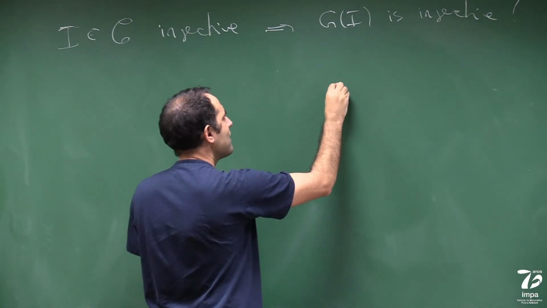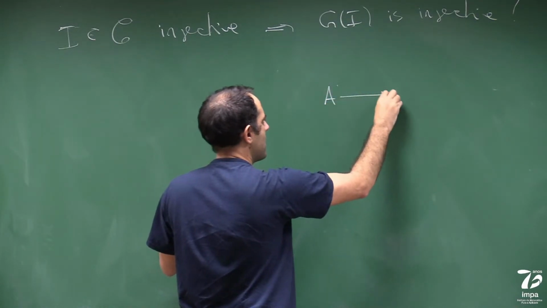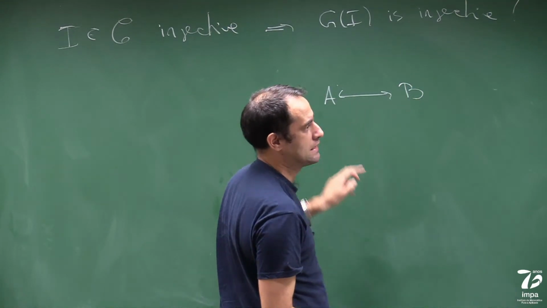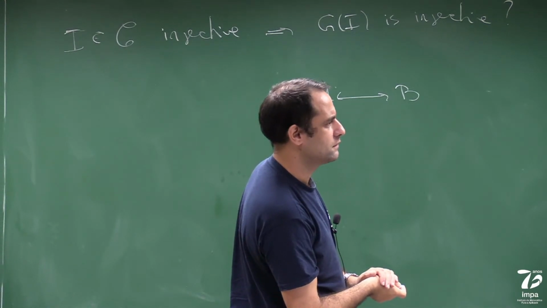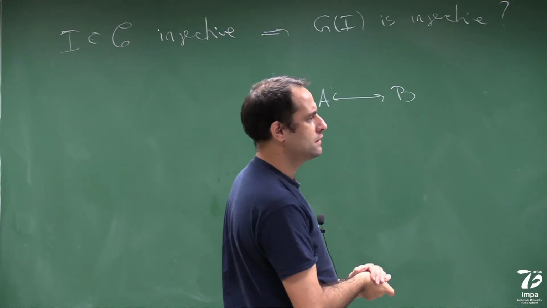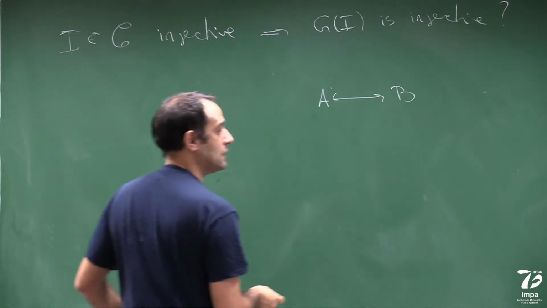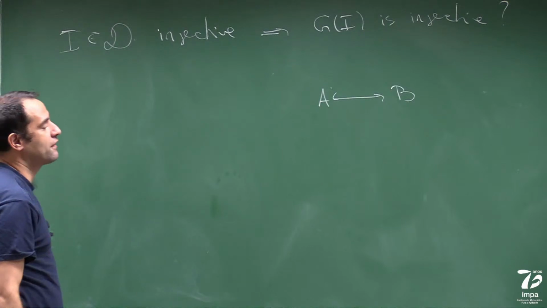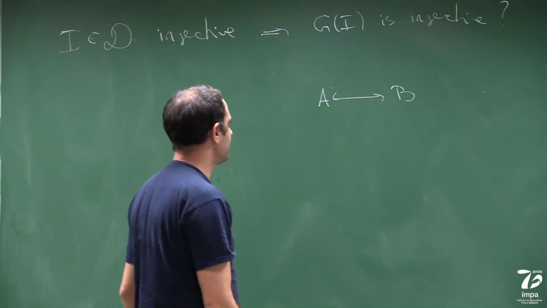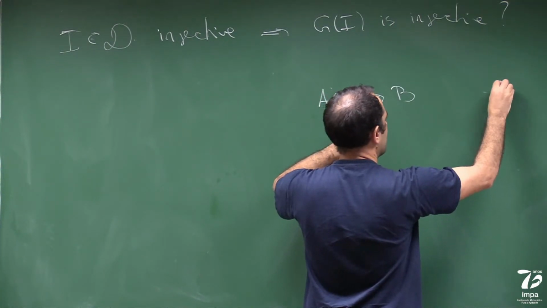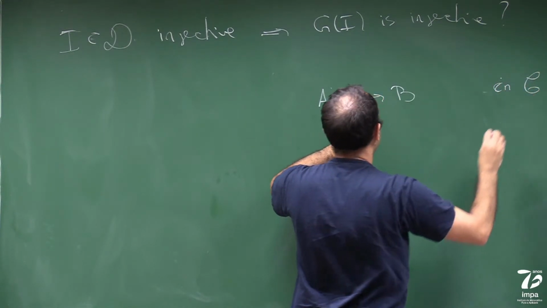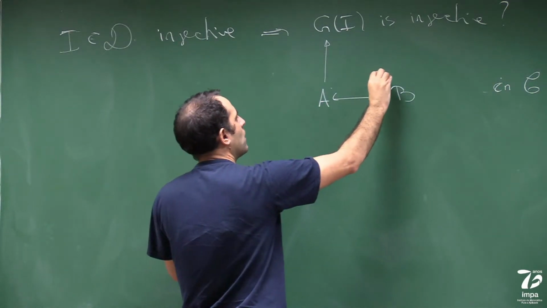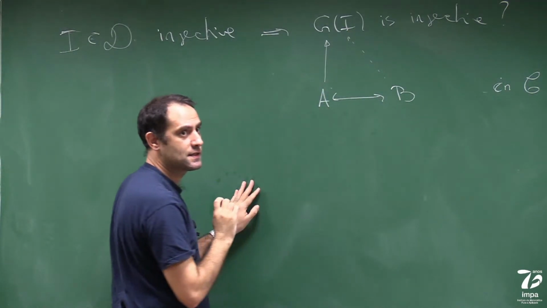What does this mean? This means that if I have an injection A to B, and G of I is in C, so these objects are in C, and I have a map like this, then I want to prove that this guy exists.